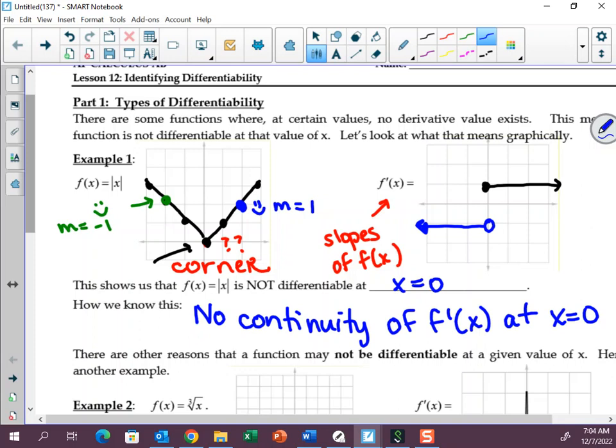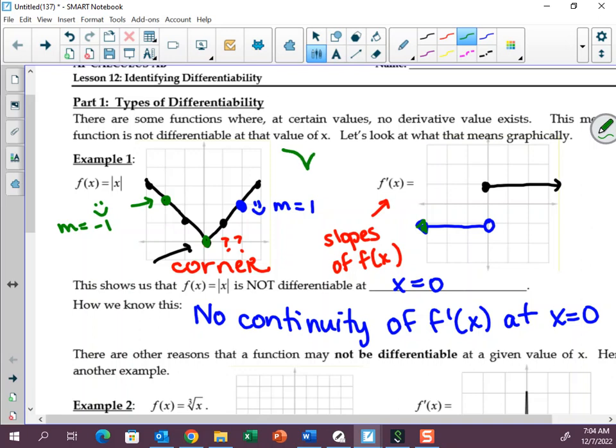Because if we look at the derivative function, where the derivative function is not continuous, that tells us the original function doesn't have a derivative at that point. Doesn't have a defined derivative. And so we would say it's not differentiable. A sharp corner will do that.